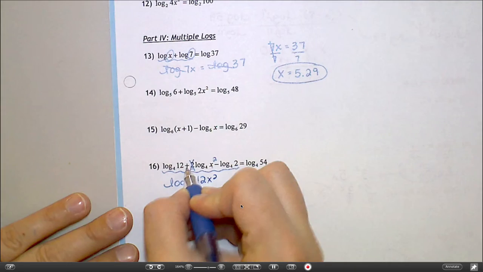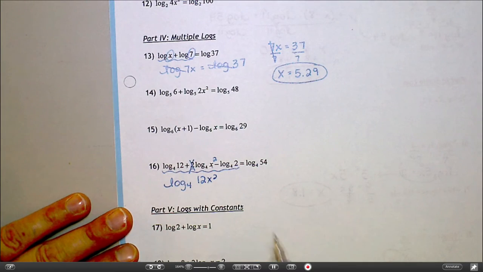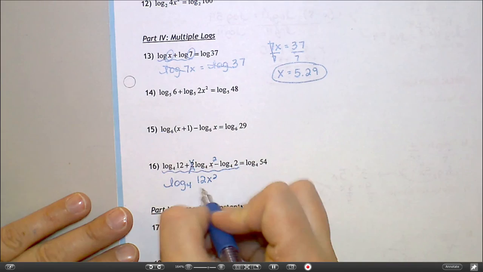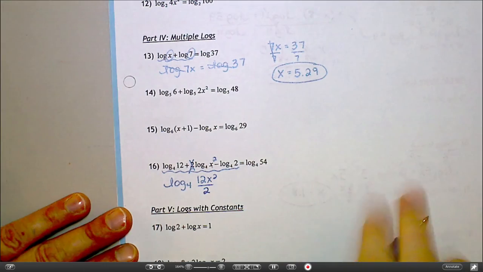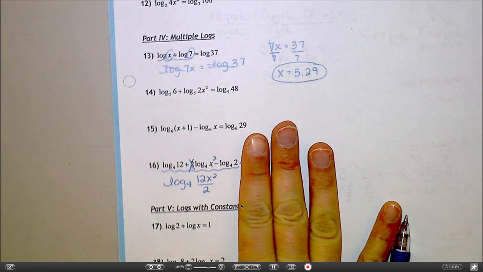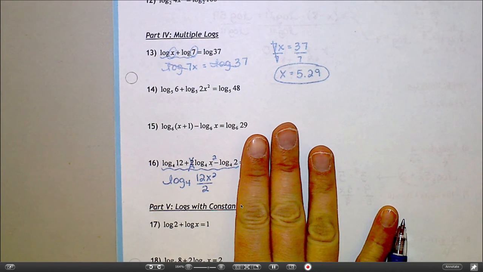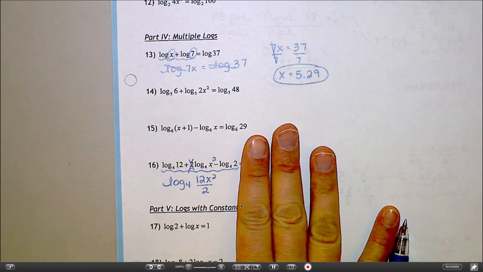Right, with multiplication, because that's addition. And then minus log 2. So what am I going to do with the 2, if it's minus? Divide. Yep. So if I took that out and just gave you this, this is like your assignment from last week, Thursday or Friday, where I was giving you a bunch of logs and saying combine them.